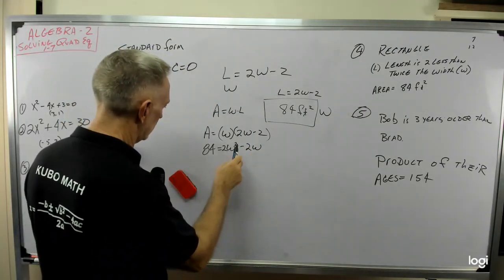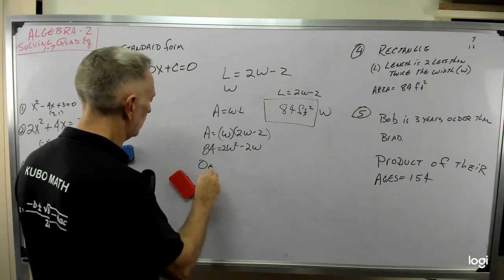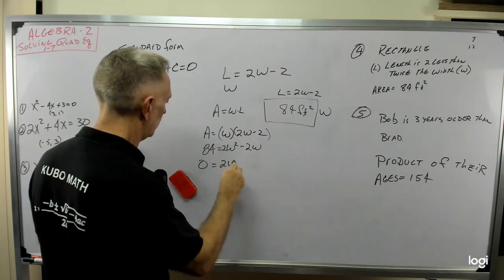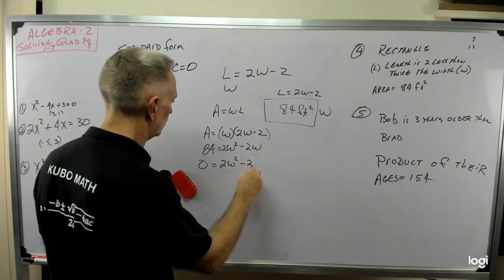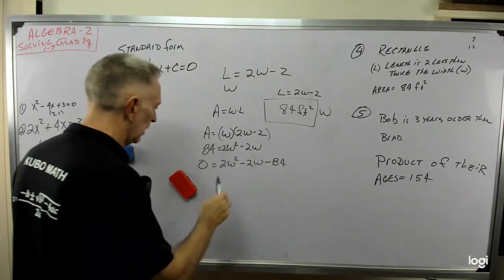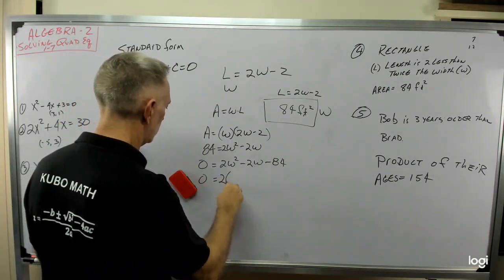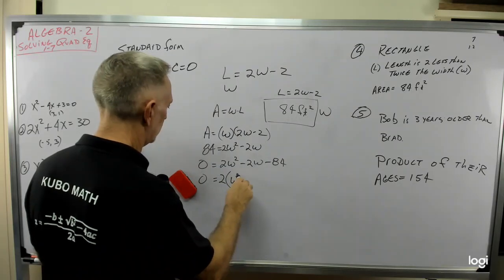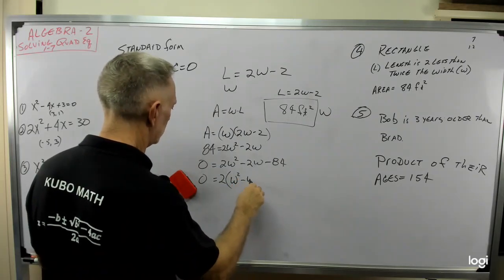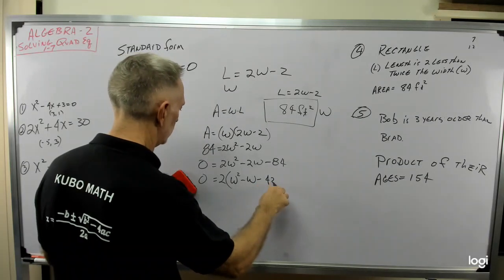Actually, I'm going to subtract 84 from both sides. So 0 equals 2W to the second power minus 2W minus 84. Let me factor a 2 out. 2 times W to the second power minus W minus 42.